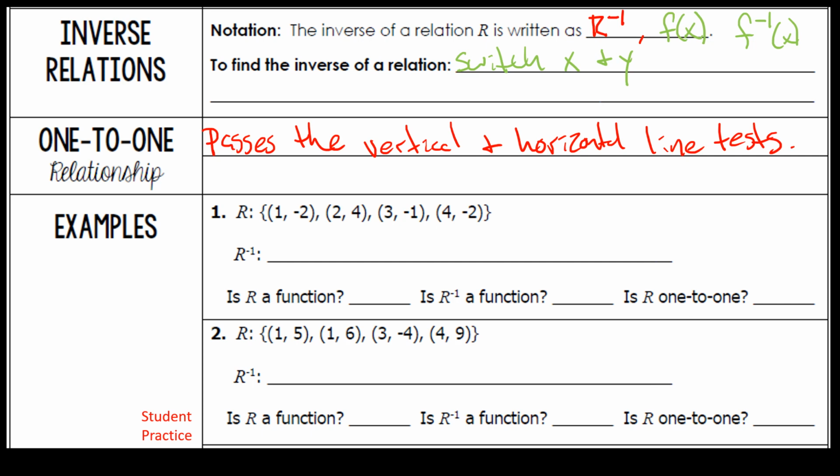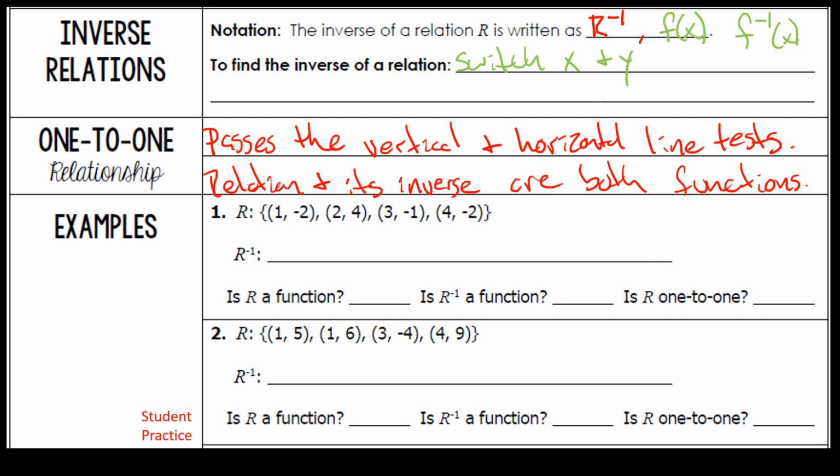If we're not given graphs, we need to make sure that both the function, actually it shouldn't be function, that's incorrect. We would say the relation and its inverse are both functions.